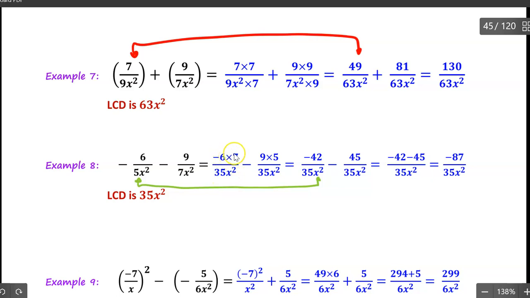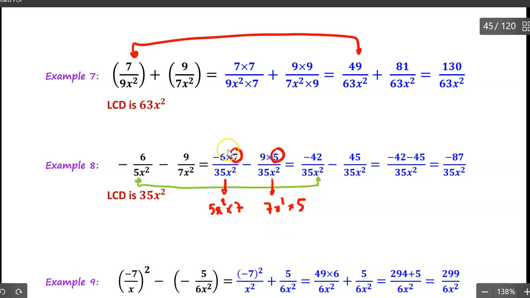That means I have to multiply the same thing on top. Okay, so in this case, I want to make a note here. This is coming from 5x squared times 7, and this here is 7x squared times 5. So when I multiplied, you see the same thing on top and the same thing on the bottom.